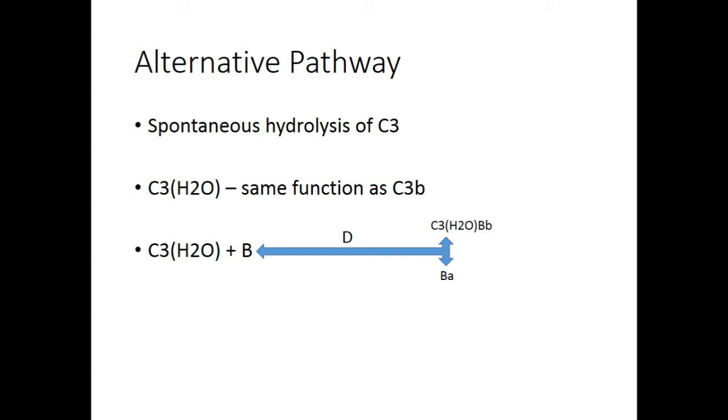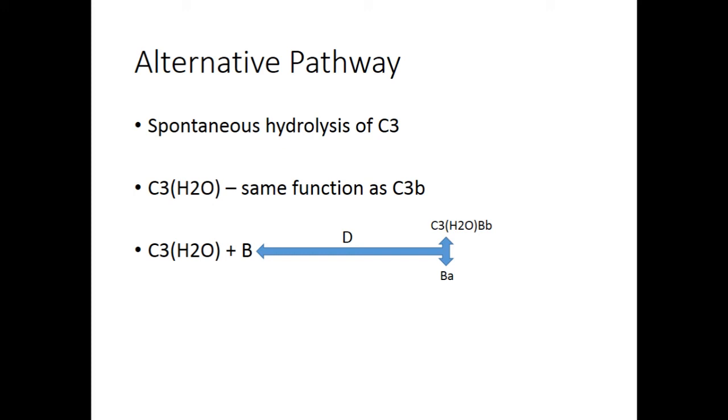This spontaneously hydrolyzed C3, or C3H2O, has the same function as C3b. C3b can act as an opsonin, if you remember. Now you can consider C3H2O as C3b because it has the same function.